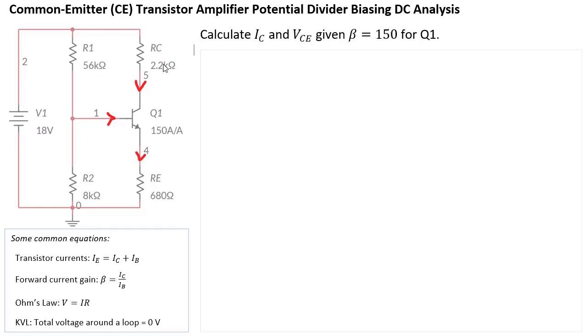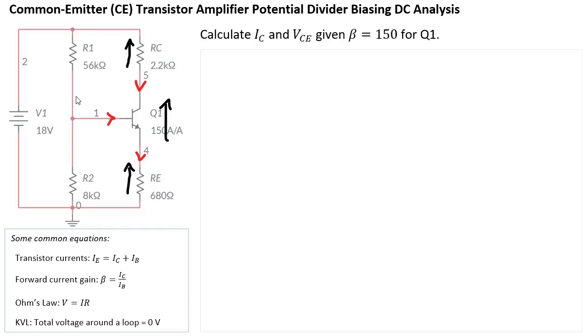For our voltages, VCE is positive that way because current is flowing downwards. Same with RC, it's going to be positive that way because IC is flowing down, so positive RC would be going up. Similarly for RE, since IE is coming down, the positive voltage of RE would be pointing up.